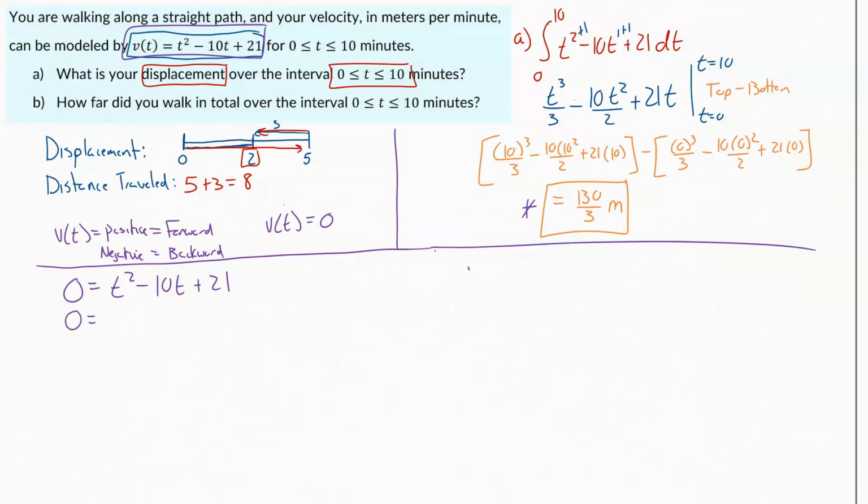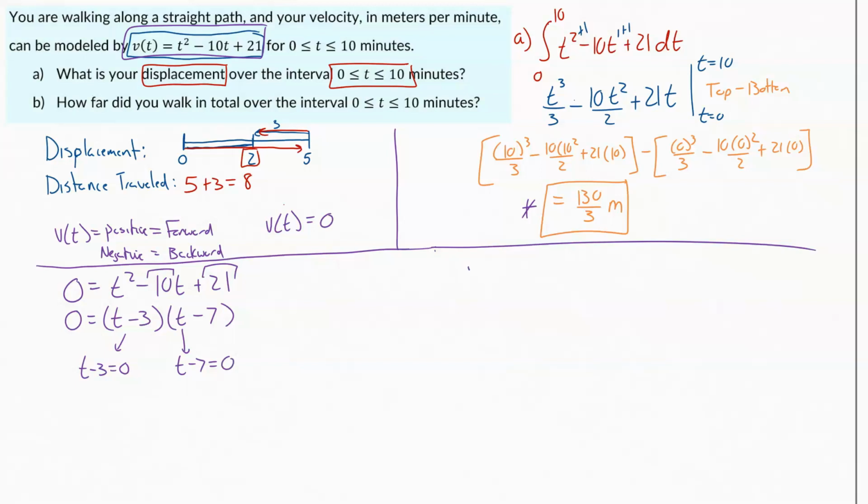So we need to factor this apart. We're looking at a t and a t. We need two numbers that multiply together to give us 21 and add to give us negative 10. Going through that, you'd end up with negative 3 and negative 7. We then break it into two smaller bite-sized problems. So whenever t minus 3 equals 0, that's when we were stopped.